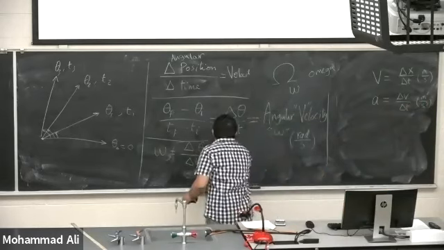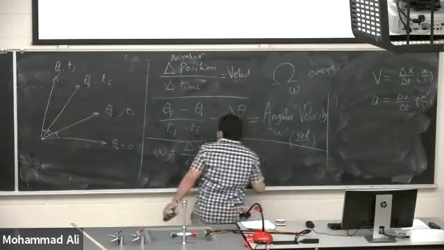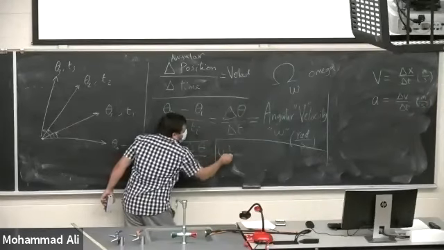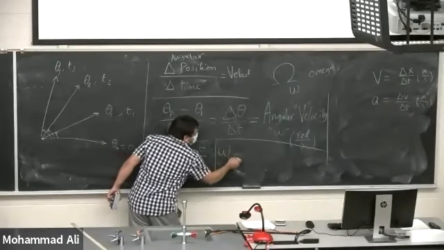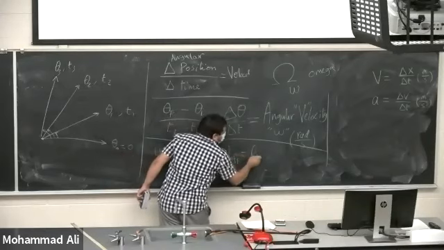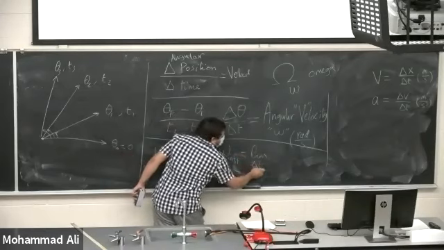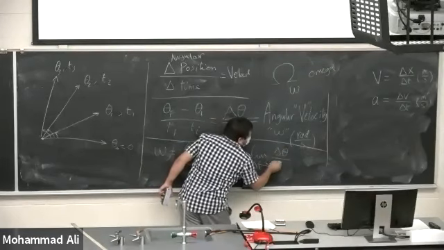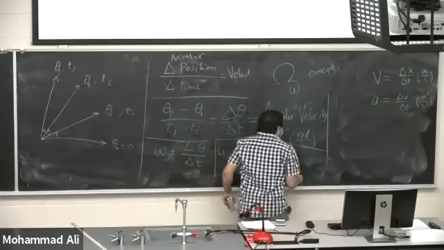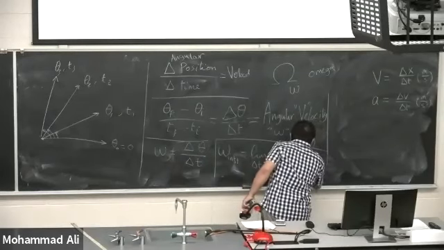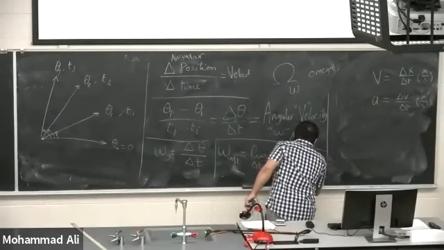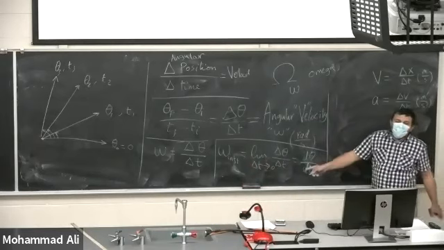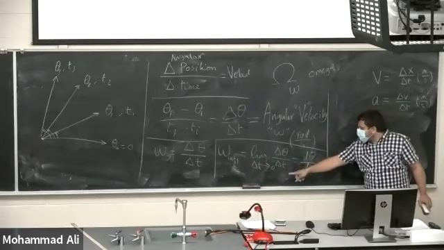What if we need to find the instantaneous? It is simple. Omega instantaneously is equal to the limit when the time period goes to 0 of delta theta over delta t. It will be equal to d theta over dt. This is the angular velocity instantaneously.